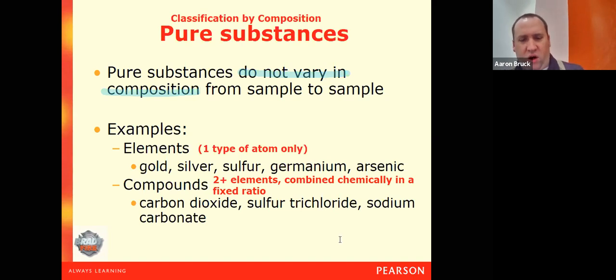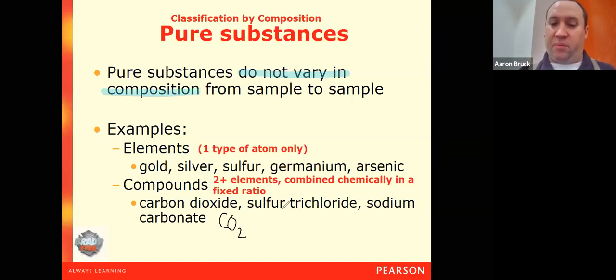So in carbon dioxide, we had one carbon, two oxygens, that's CO2. Two different elements, but they're combined chemically, so they're bonded together. And the ratio is always one carbon to two oxygens. Sulfur trichloride, SCl3, one sulfur for three chlorines.